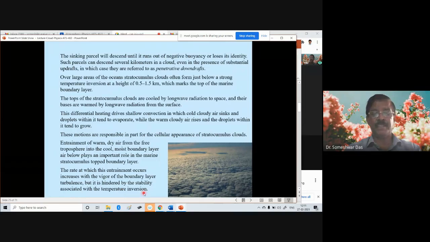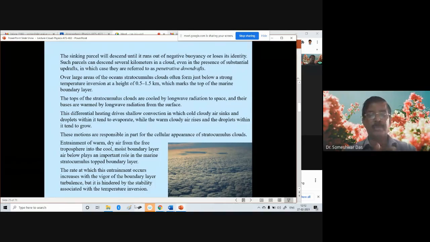There are so many things concurrently existing in the atmosphere. Turbulence is taking place on one side, a vigorous turbulence rather, and there is also the temperature inversion. The temperature inversion acts like a barrier; it doesn't allow the cloud air to penetrate through it because it causes stability to increase.